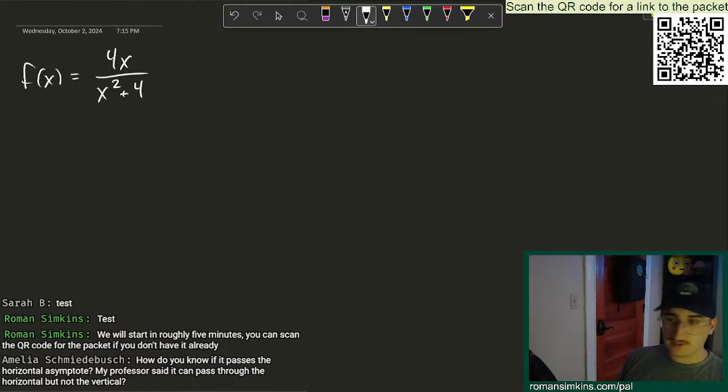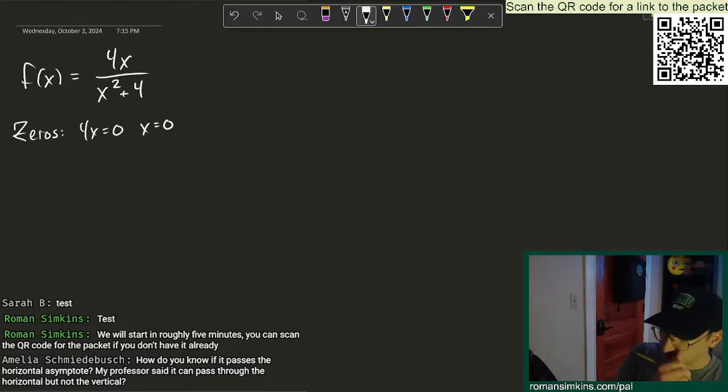But the next thing you want to do is set the numerator equal to 0 and solve for the zeros. So if I find my zeros, I could set 4x equal to 0, and that simply gets me x equals 0. My next task is to find vertical asymptotes, and so I can set this guy equal to 0 and solve.